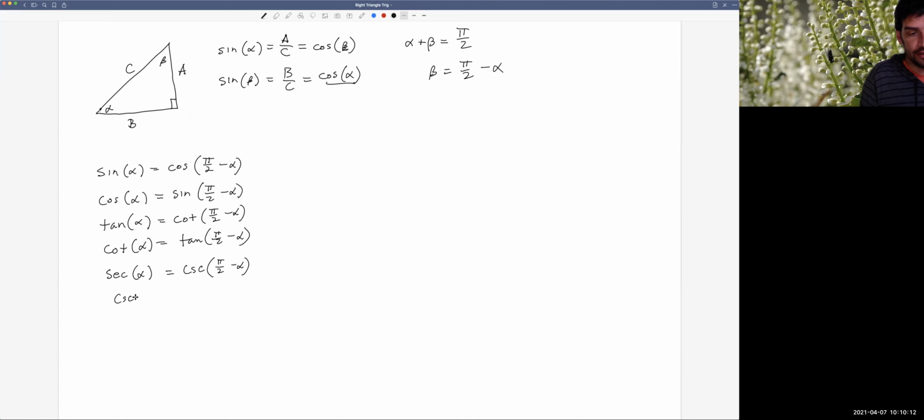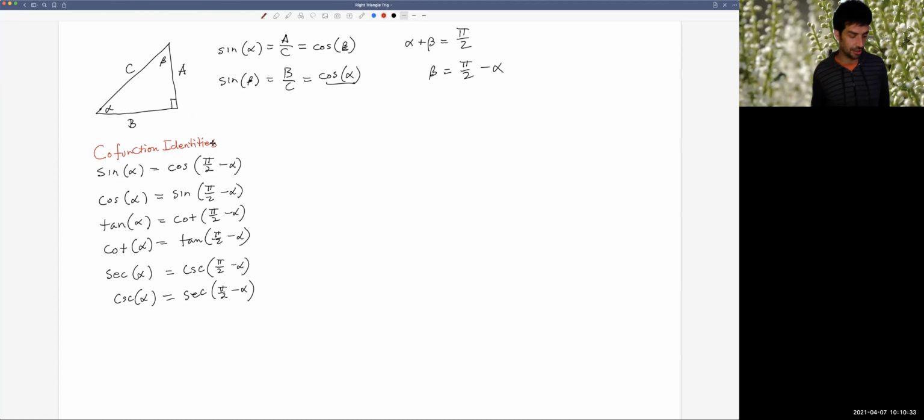And cosecant of alpha is equal to secant of pi over 2 minus alpha. Okay. We call these the co-function identities. I believe I mentioned in a previous video that the identities would come out in this course at a furious pace. And here we go again, another list of identities.